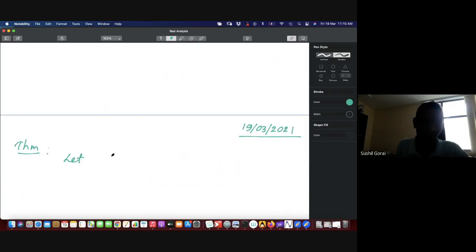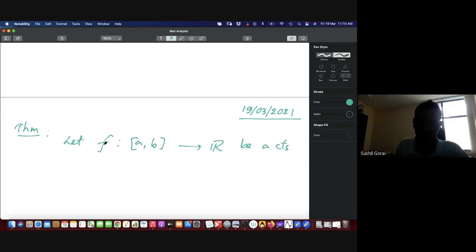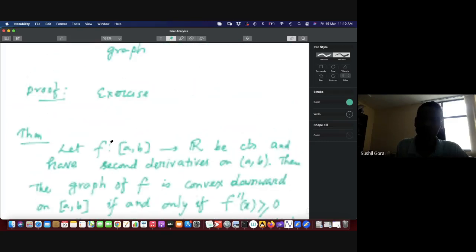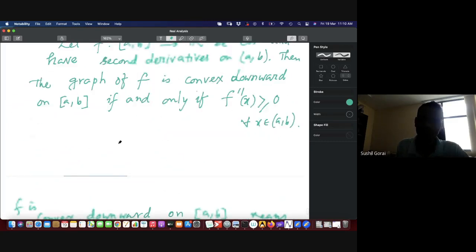Let f from (a, b) to R be a continuous function.